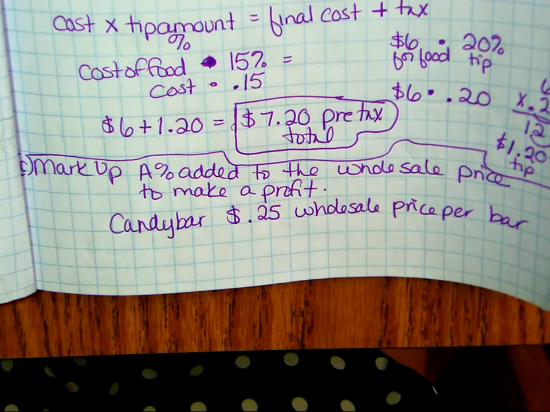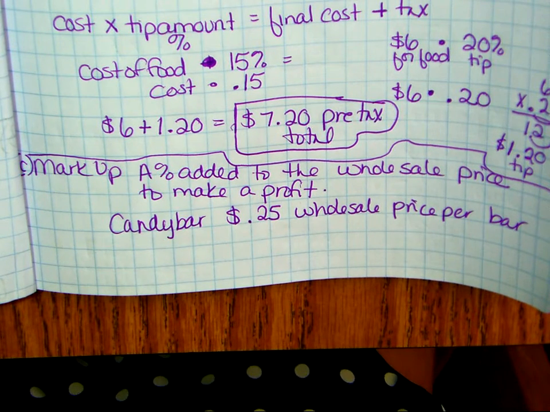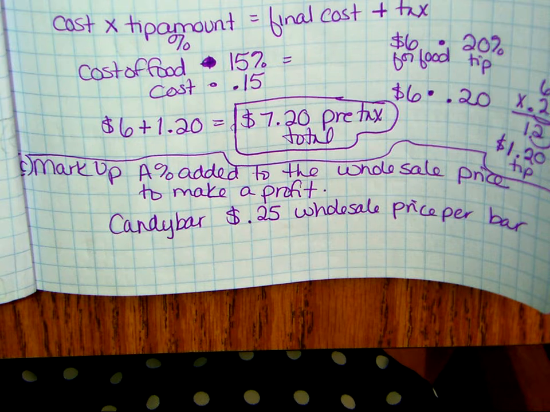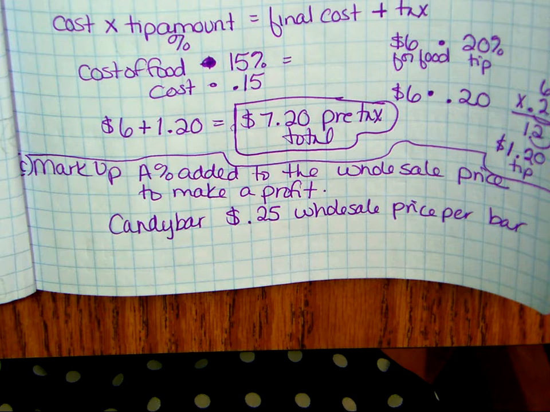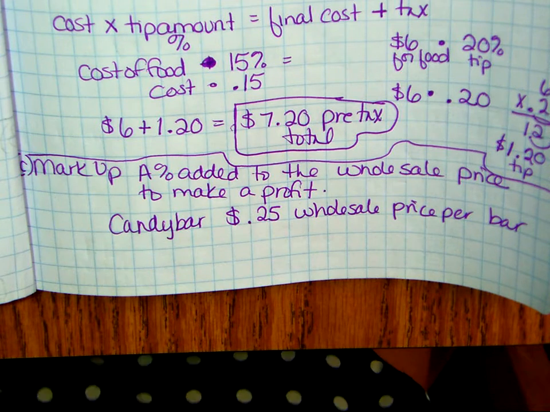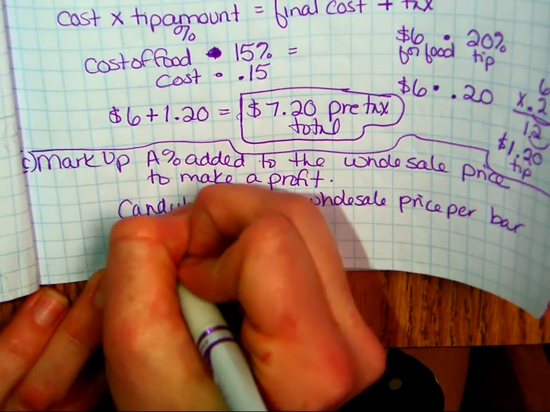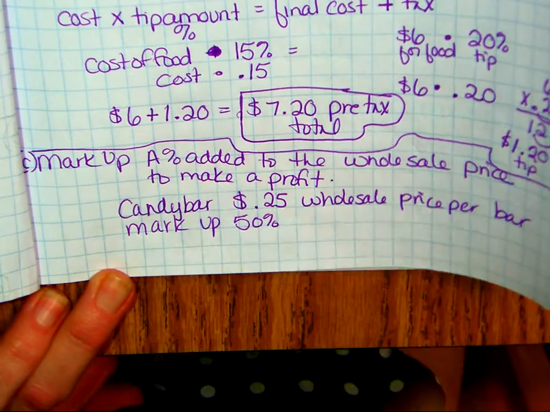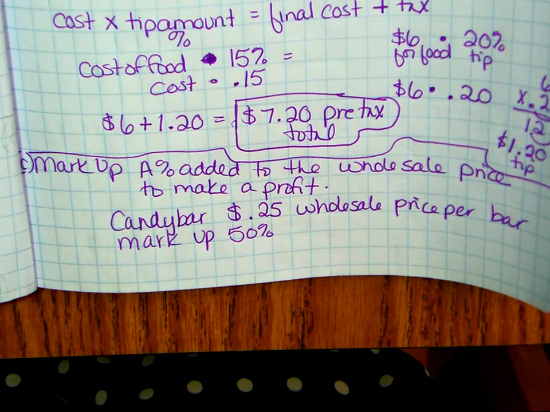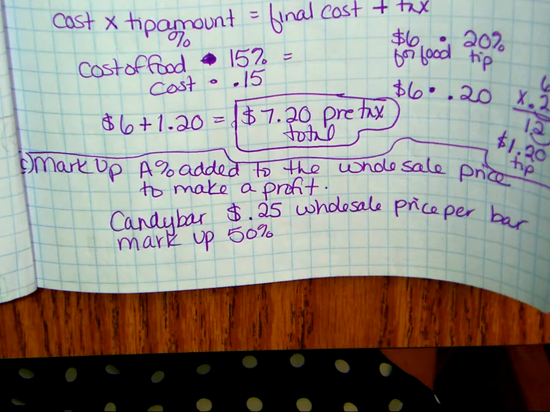Okay. Now, Stater Brothers, in order to be able to make enough profit to pay for their employees and to pay for the business and to keep going and to make money, they decide they're going to mark up this candy bar 50%. Okay? So now they're going to mark it up 50%.